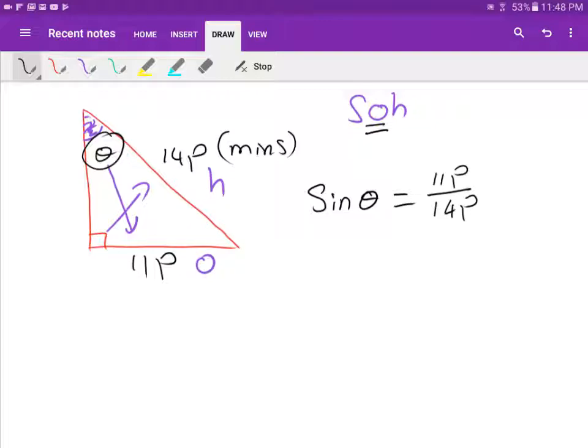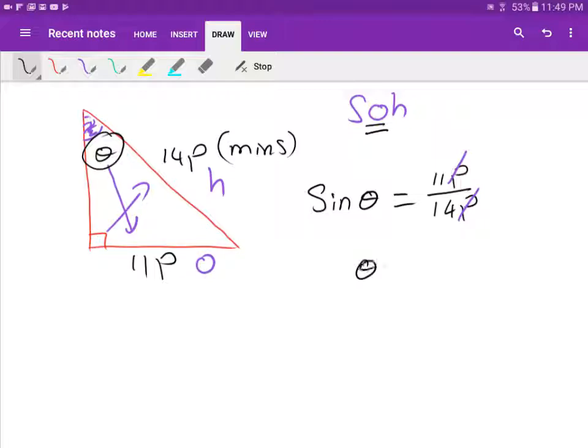See? You can't put that in your calculator because you've got p and p, so we need to get rid of it. 11p divided by 14p, the p cancels out. P divided by p cancels out. So that just becomes sin theta equals 11 over 14. Then you want to find theta. You don't want to find sin theta because you want to find angles.